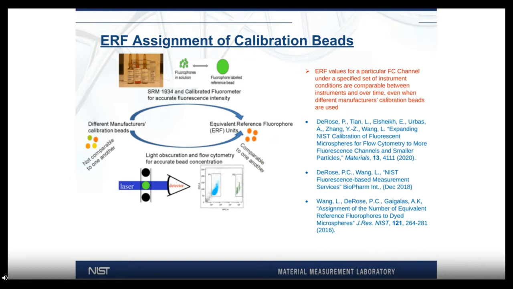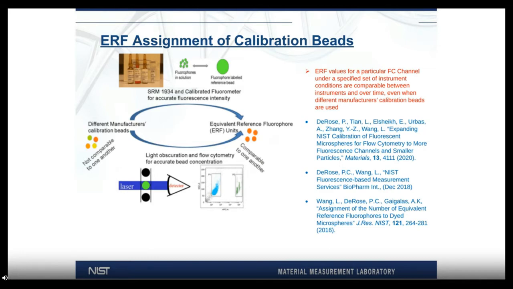So how exactly does NIST do an ERF fluorescence intensity assignment of calibration beads? Well, it's a two-step process. The bead vendor sends us their calibration beads in a bead suspension, and we take that bead suspension and do two measurements on it.